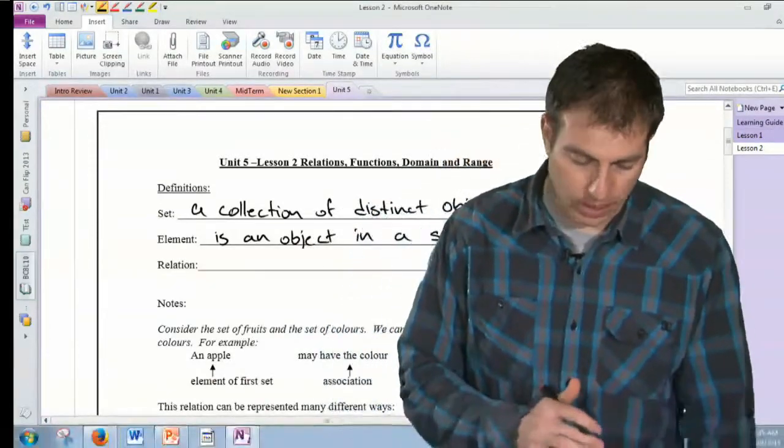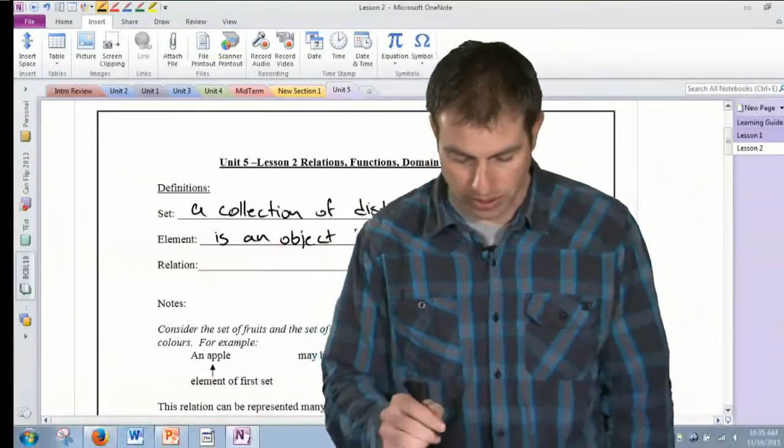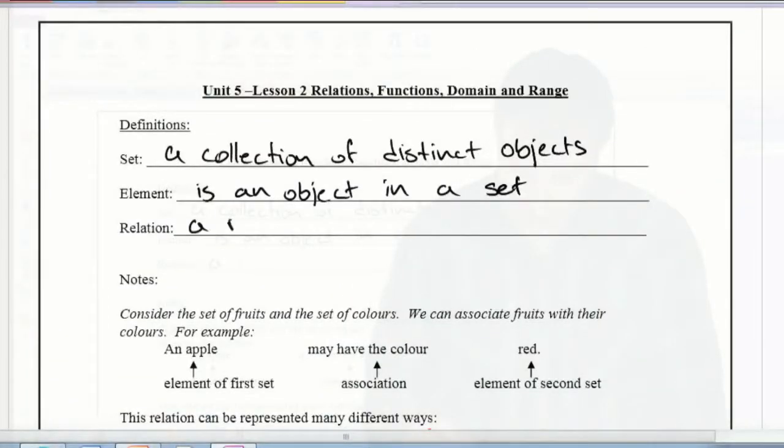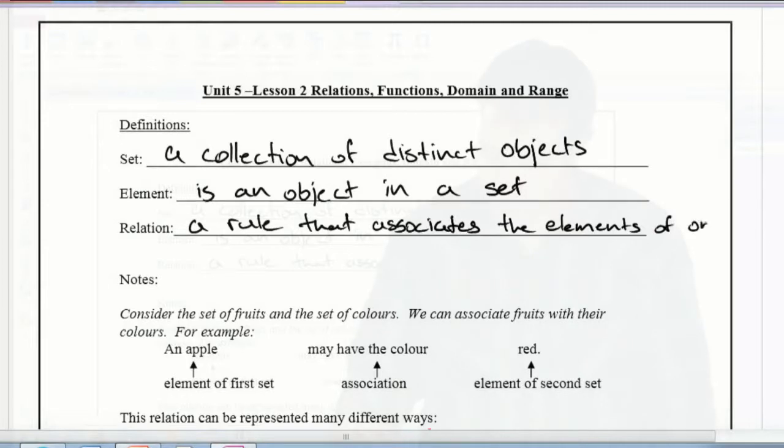So an object in a set is an element, and a relation, this is a bit of a longer definition. A relation is a rule, we'll call it, that associates the elements of one set with another set.